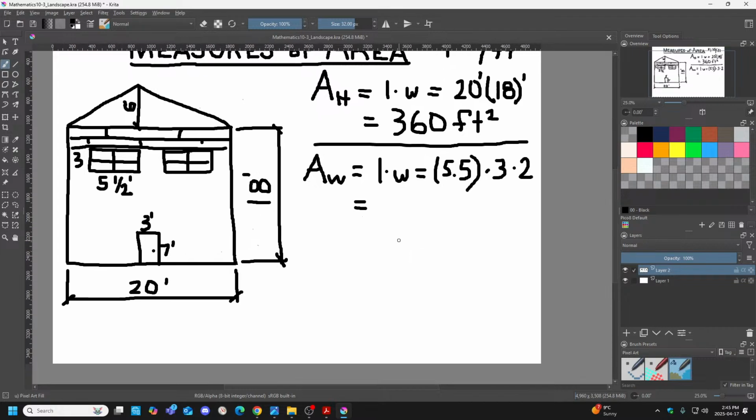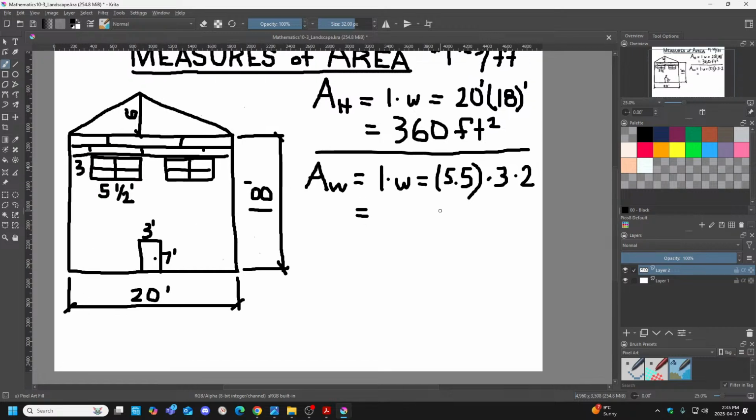So 5.5 is the length, 3 is the width, and 2 is the quantity. There's 2 windows. So 5.5, because 1/2 is 0.5, right? Times 6.